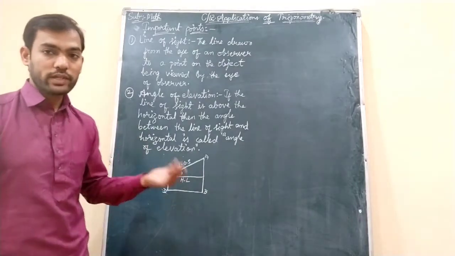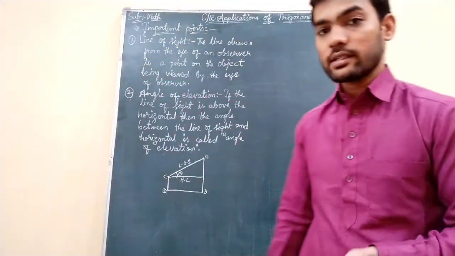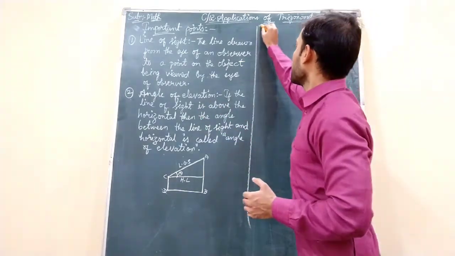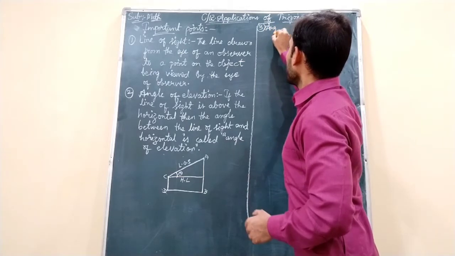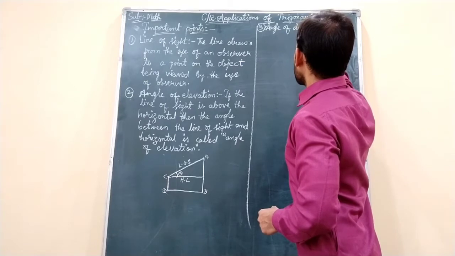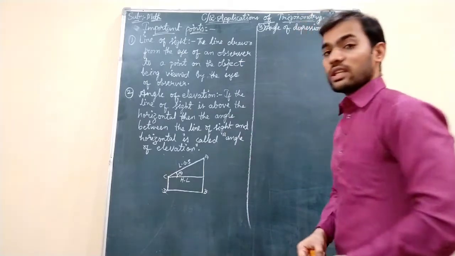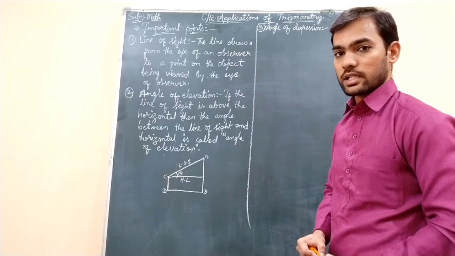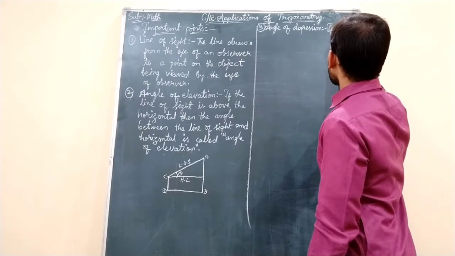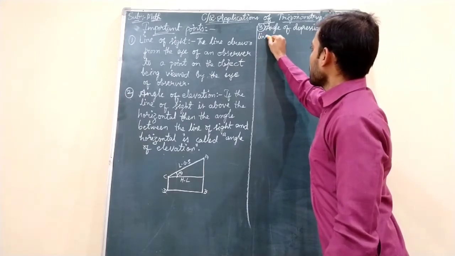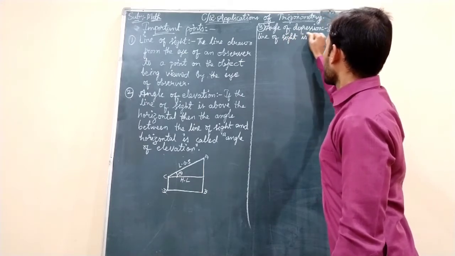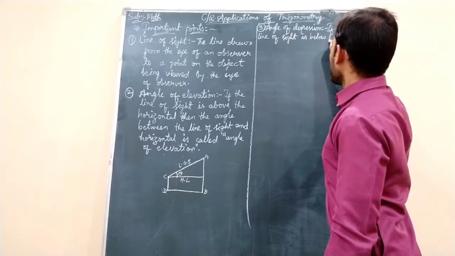Okay, students. Now moving to the third thing, that is angle of depression. That will be quite opposite to this one. When you see this, you will get the idea how to write angle of depression by seeing angle of elevation. What you need to write? If the line of sight is below the horizontal, we need to take over here.